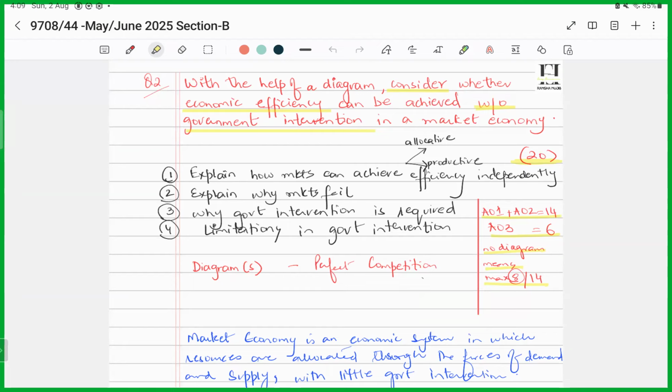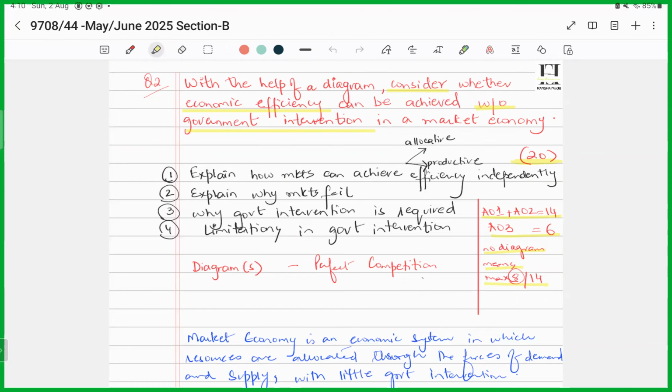Now, as we all are familiar, the essay questions in section B of our paper 4 are of 20 marks. Before proceeding towards looking at the skeleton or the structure of the question, one thing I need to make you all aware of is how the marks are going to be awarded. 14 marks are going to be assessed in your answer when the examiner looks at how well you have answered or met assessment objective 1 and 2.